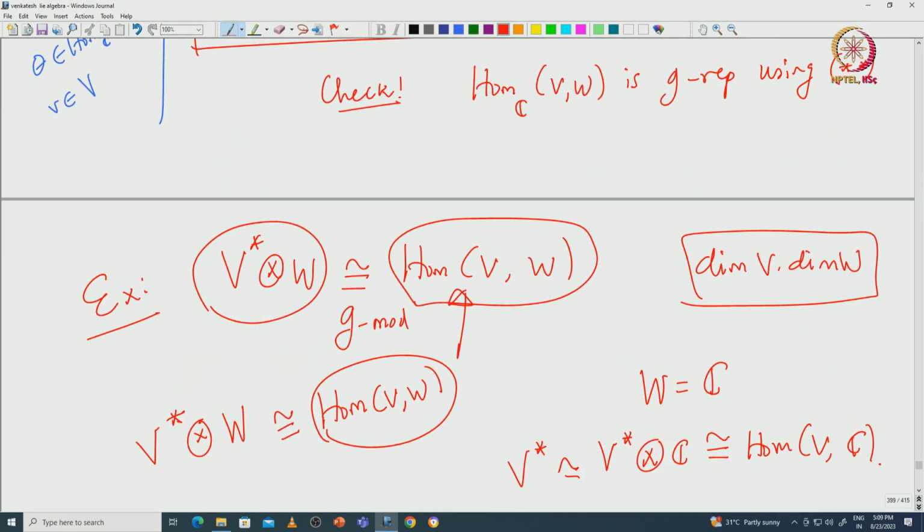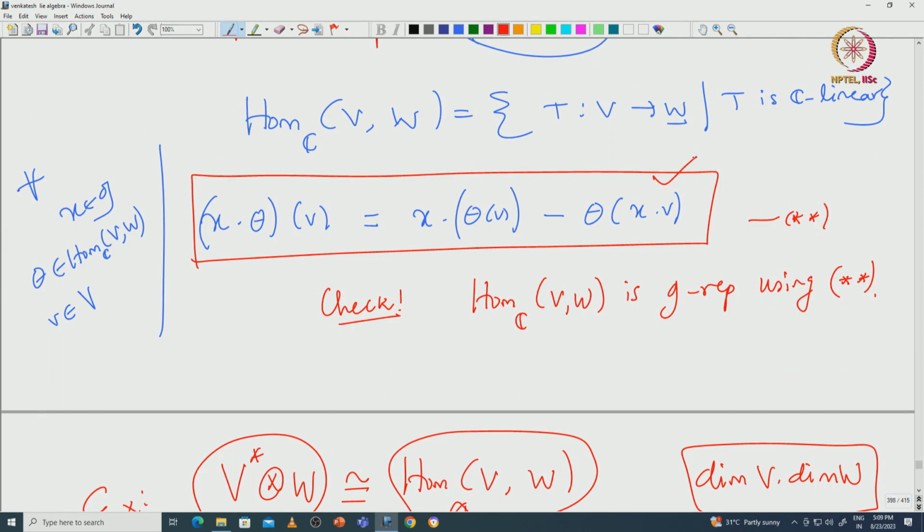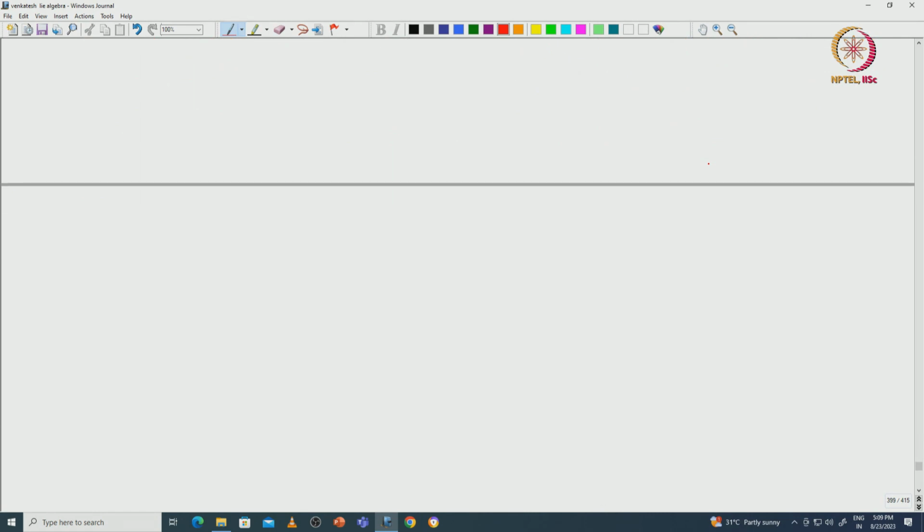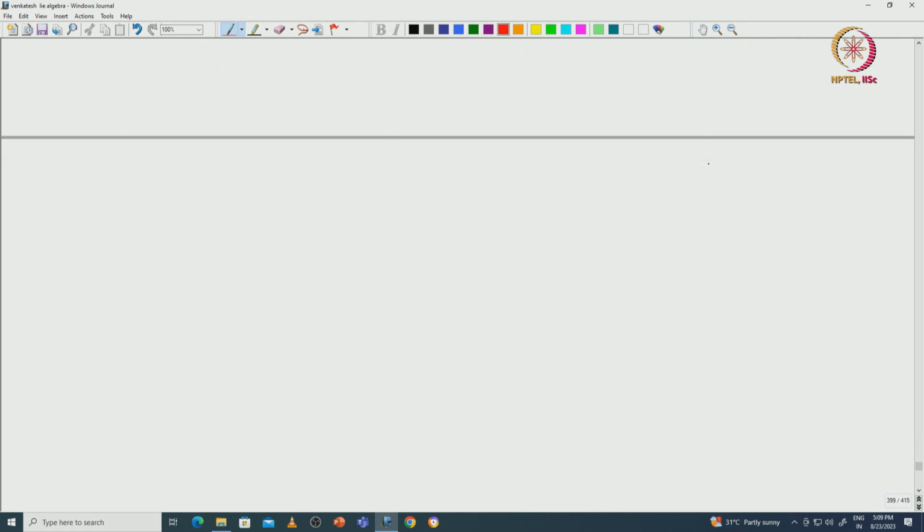That is the action we have defined here in this double star. These are all direct computations you can do and verify, so I am not going to do them. This is all about the general construction of modules from known modules.